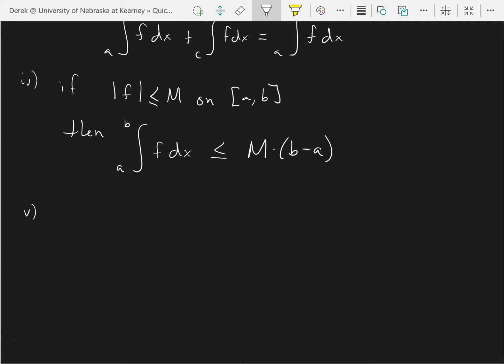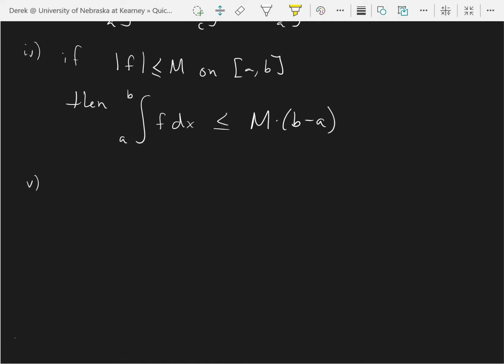The fifth thing is still just stuff for 6.12, but 6.13: f times g is integrable on [a, b].